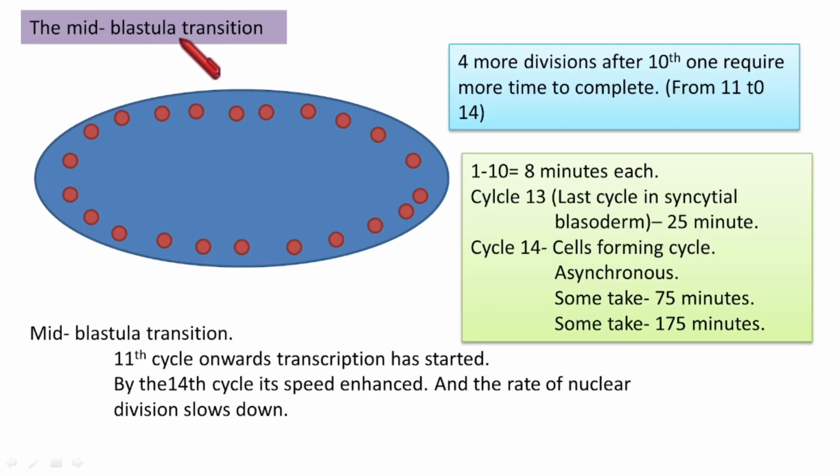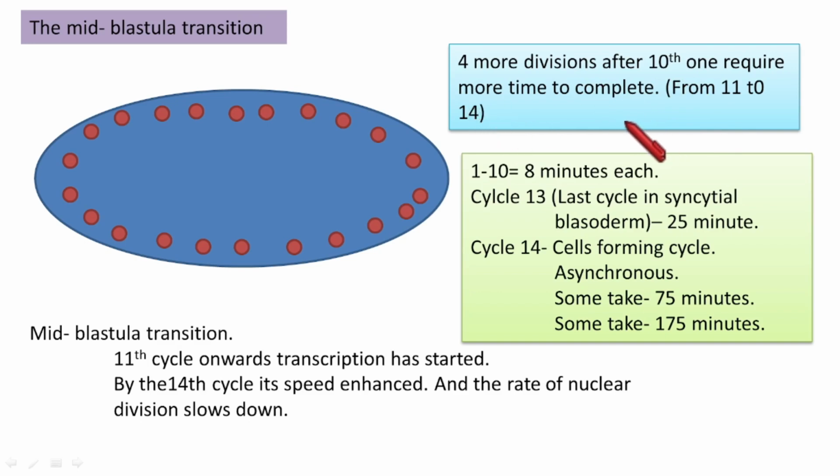Next is mid-blastula transition. As we saw in the former slide, it is the stage of the embryo that has reached the 10th division. We know that after the 10th division, all the nuclei move to the periphery and require 4 more divisions, and these 4 more divisions require more time, from the 11th to the 14th division.